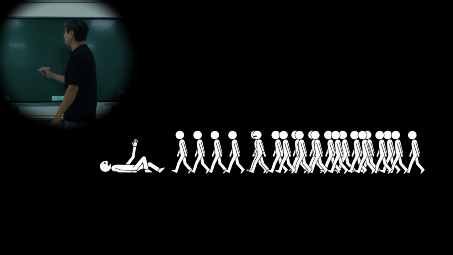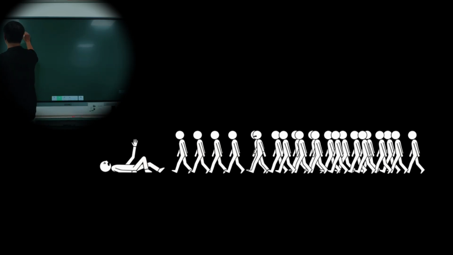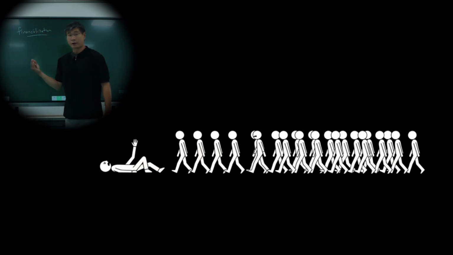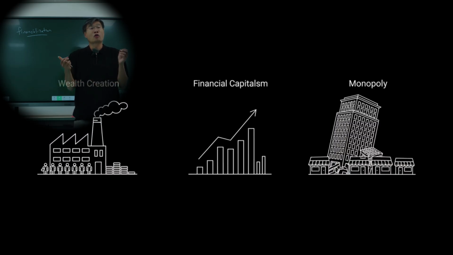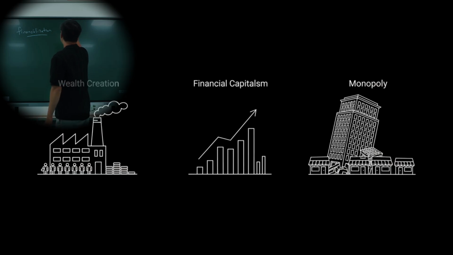The first is the idea of financialization. And this theory is proposed by an economist, a French economist named Thomas Piketty. He wrote a book called Capital in the 21st Century.